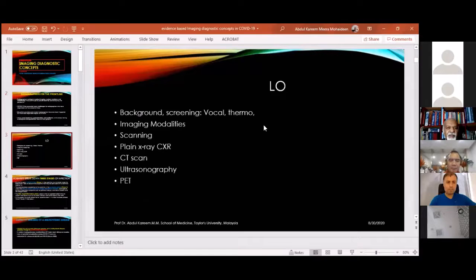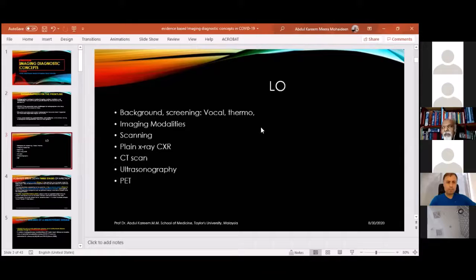Let me enter into the learning objective of today's discussion. It is going to be a slight background of COVID, what exactly the vocal screening, thermo screening, and radiology screening are, and something about the imaging modalities that are applicable in this situation, and whether it is useful as a scanning tool for patients in future prevention of the disease.